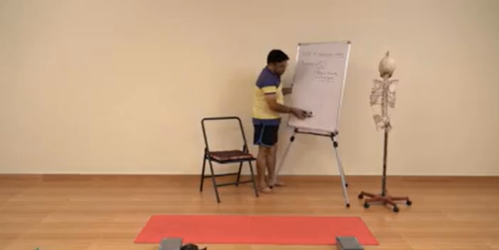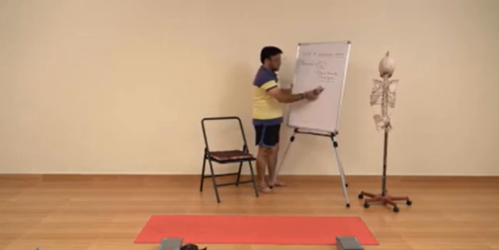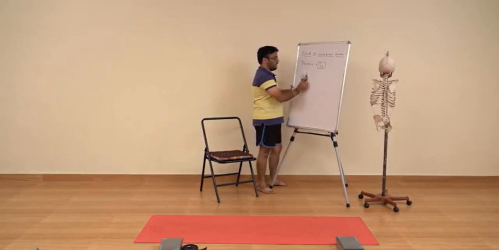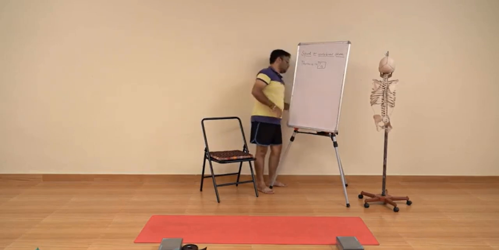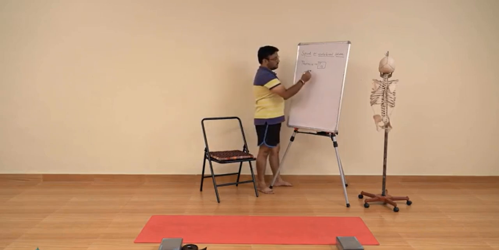Yes, we need it. It doesn't mean you don't need a natural curve. As we say, the spine has an S-shaped curve, the spinal column. So this is the S-shaped spinal curve.